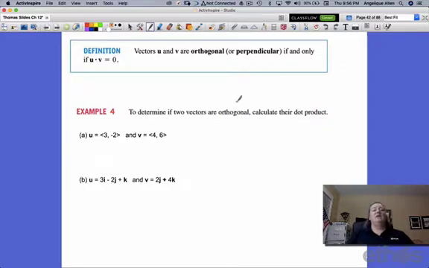Orthogonal means that if they were placed so that they touched each other, the angle between them would be 90 degrees. So remember how vectors are not married to a single position in space.